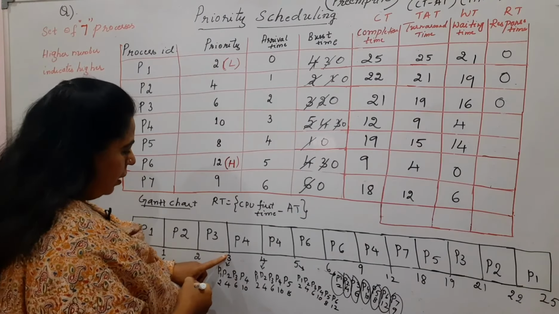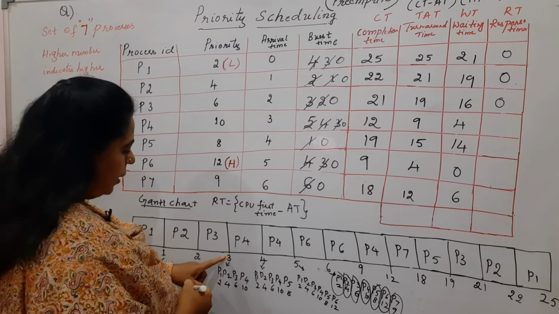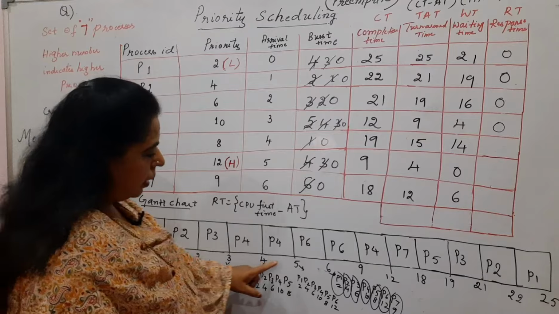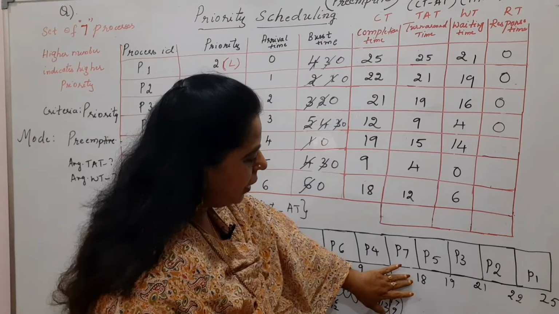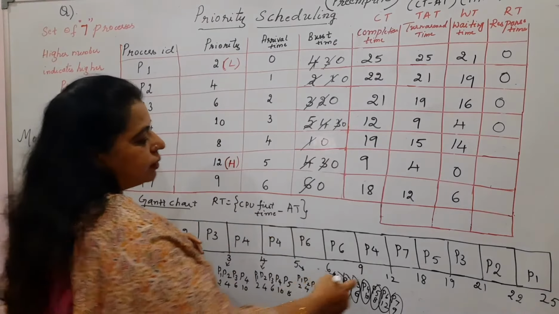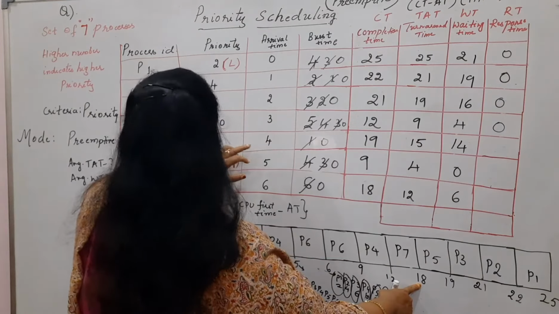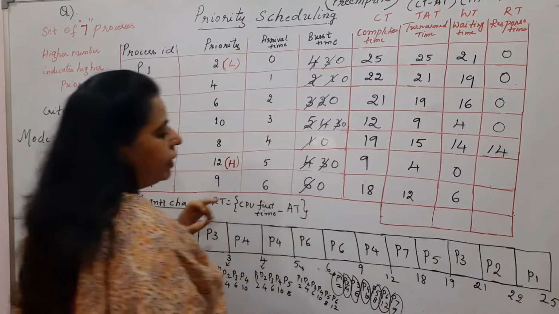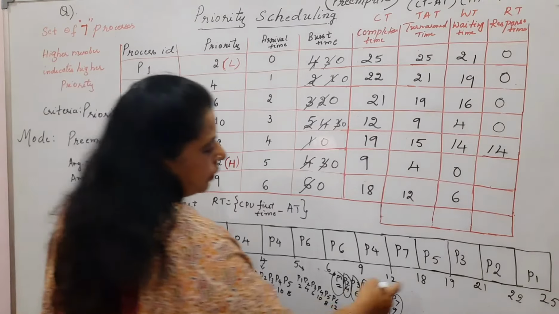P4 allocated at 3, arrival time is 3. Then P5 got allocated here for the first time. So P5 is allocated at 18, but it has arrived at 4. So its response time will be 18 minus 4, 14.